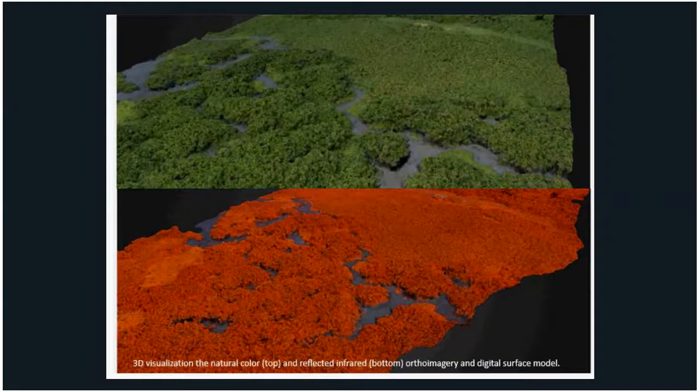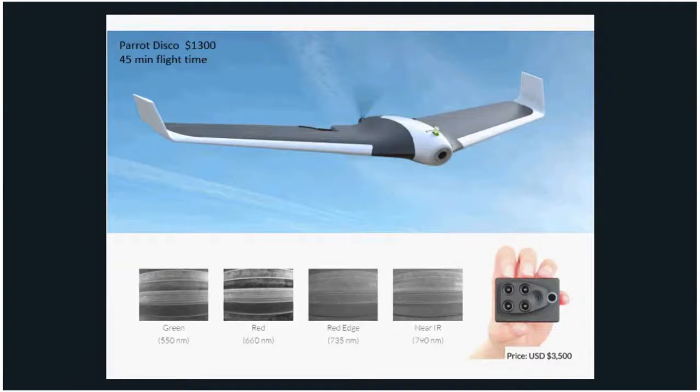When we take the natural color, we drape it over the digital surface model. That's on top, and then we have the infrared product draped over the digital surface model as well. Isn't that cool?